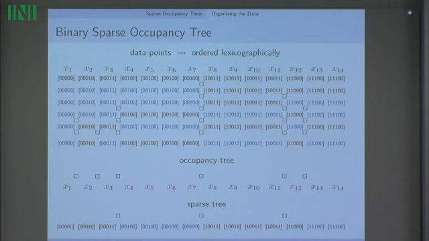But sometimes if we have just one point somewhere, we want to combine these points, and this is done here and here. We have a sparse occupancy tree when we ignore the places where we have low concentration of measure, or just 1 point or a few points.